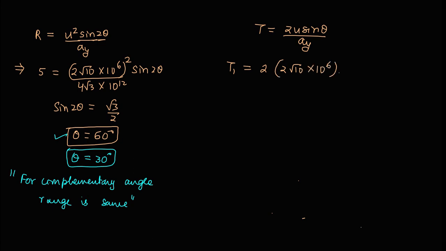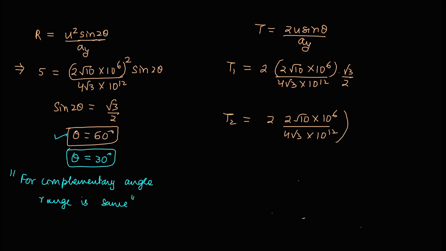One time we will be taking sine 60 degree, that is root 3 by 2, into a_y, 4 root 3 into 10 to the power 12, and the other time we are taking the same expression, and this time we are taking sine 30 degree, that is half. So these are the two times that we are going to obtain, that is root 5 by 6 microsecond and root 5 by 2 microsecond.